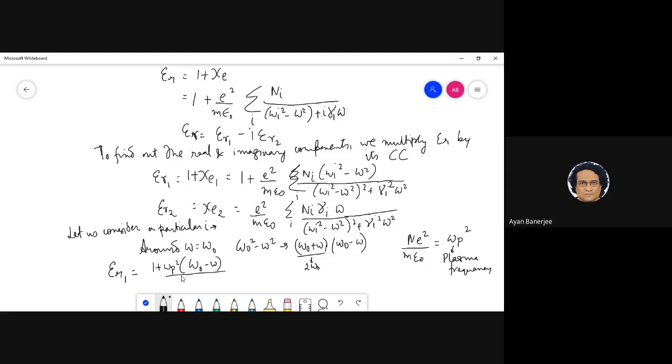I think this is the right expression: 2 omega 0 minus omega whole square plus gamma by 2 whole square. Can somebody quickly check and tell me this is correct? Yes, it is correct. Good.